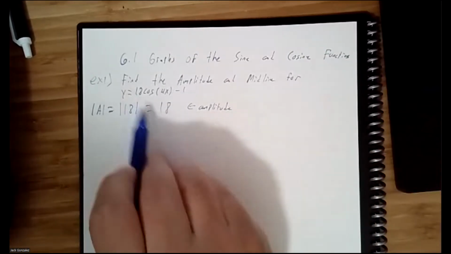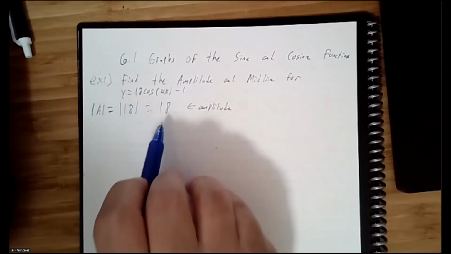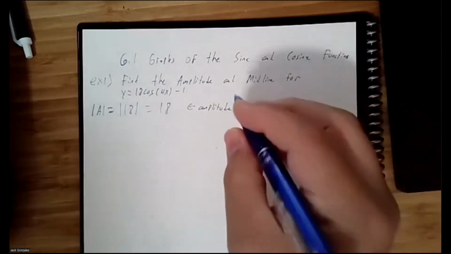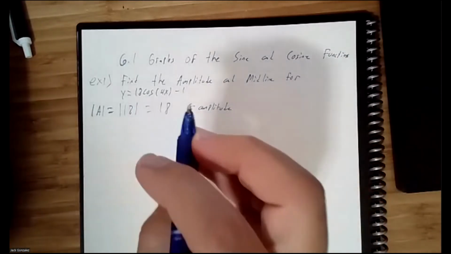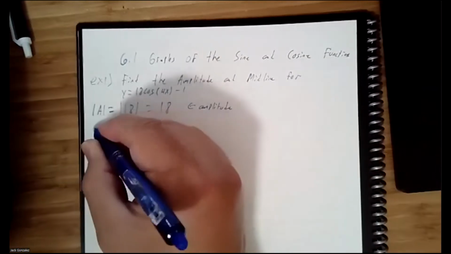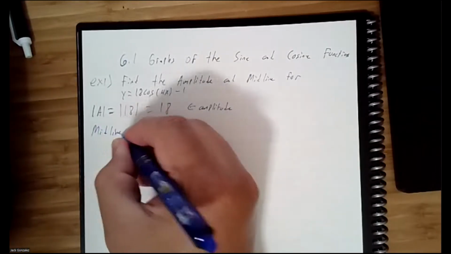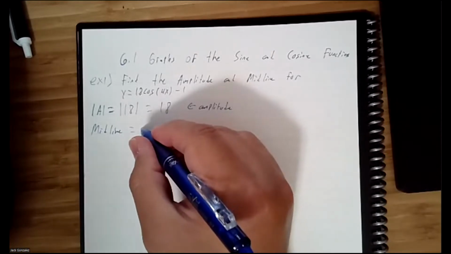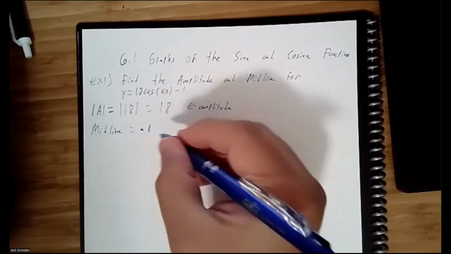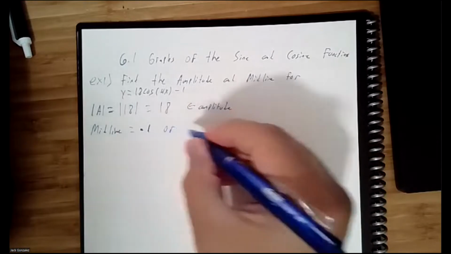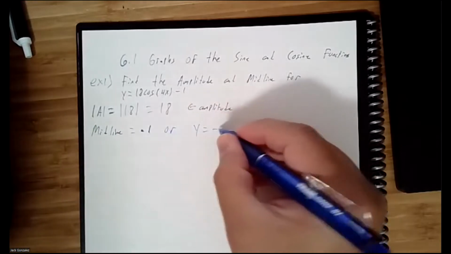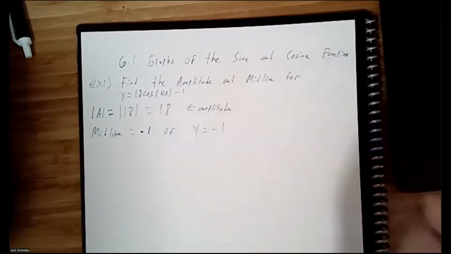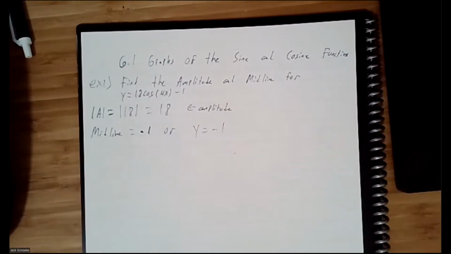If it's negative 18, you would put 18 for amplitude. Now the midline is going to equal -1, or what we should say, y equals -1. So that's all you really got to do.